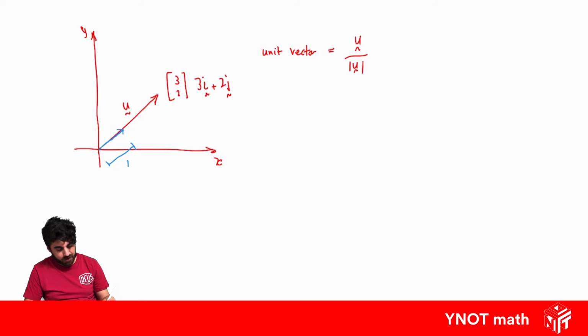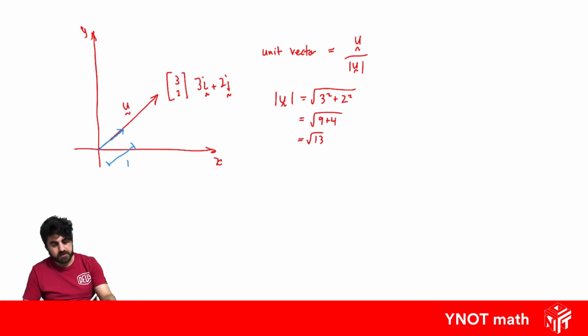So first we need to find the magnitude of the vector. So let's find the magnitude of u. That's just going to be the square root of 3 squared plus 2 squared, which is root 9 plus 4, which is root 13.